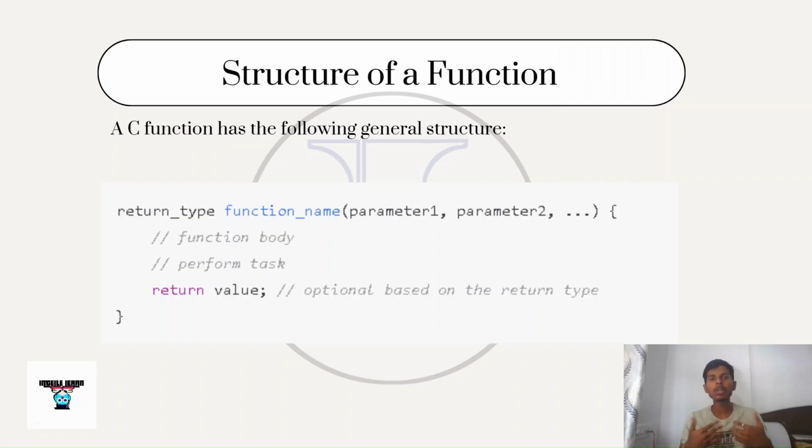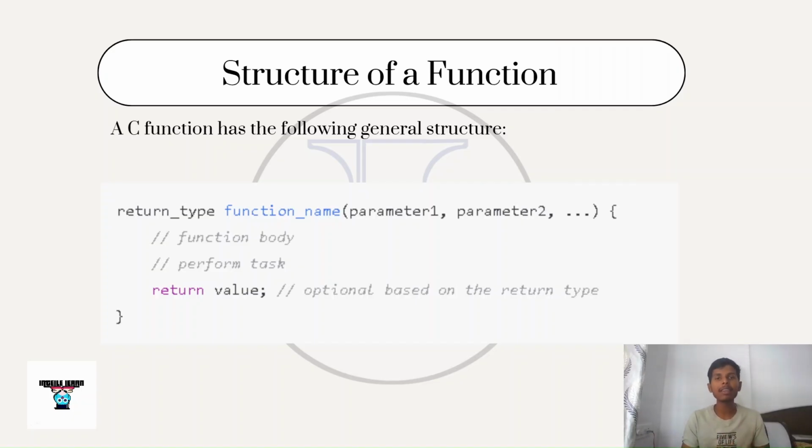If you don't give the values to the function, it will not get executed. So parameters are the requirements of the function which the user needs to fulfill. And then comes the function body, which is where you write the code which is going to be executed. And the last one is the return value.